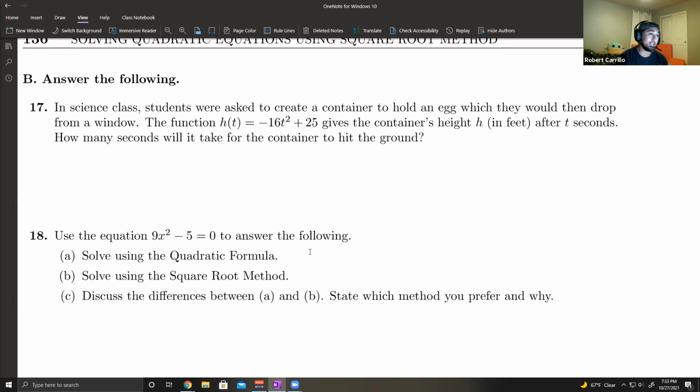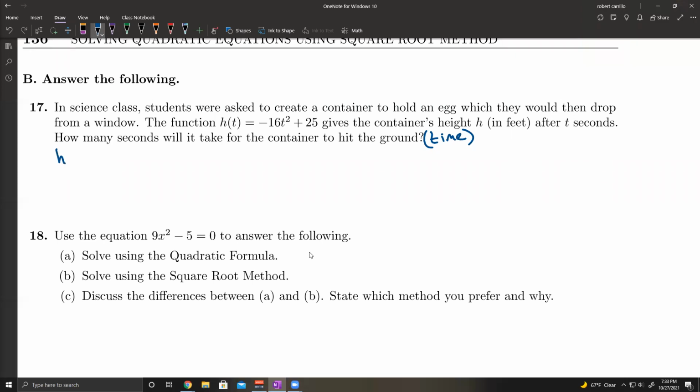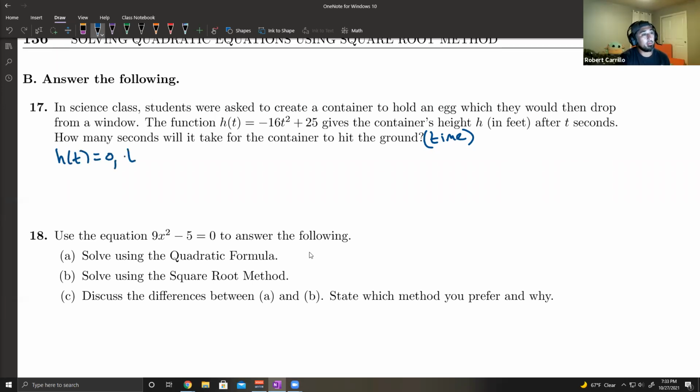If we're looking for how many seconds, this is looking for time. If the container hit the ground, what is the height? 0. So the height is 0, and we are looking for time.